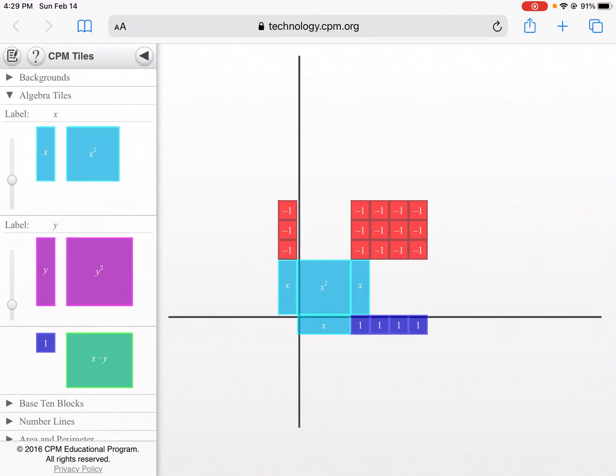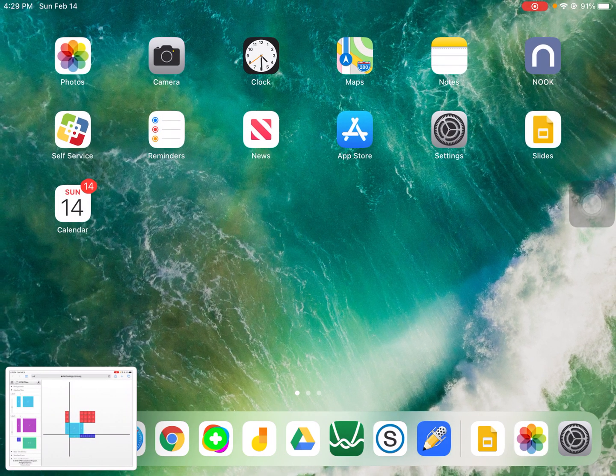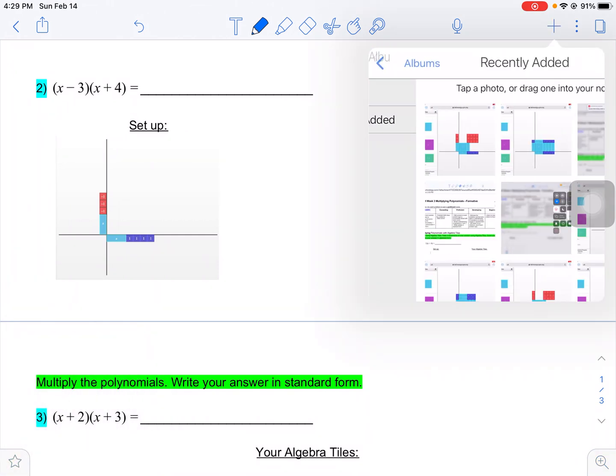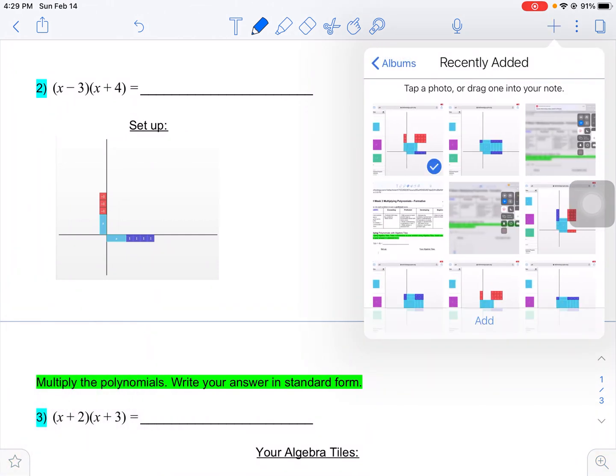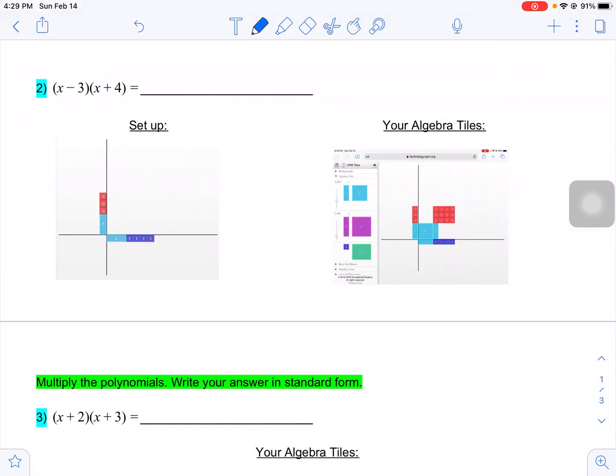So I'm going to screenshot that, bring it over to Notability, add it from our photo library, and place it there. So I've got x squared plus x minus 12.